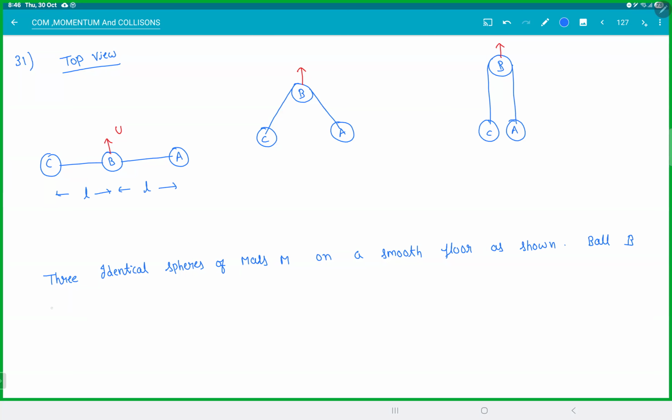Ball B is given speed u. So what will happen as B starts moving? A and C come together.